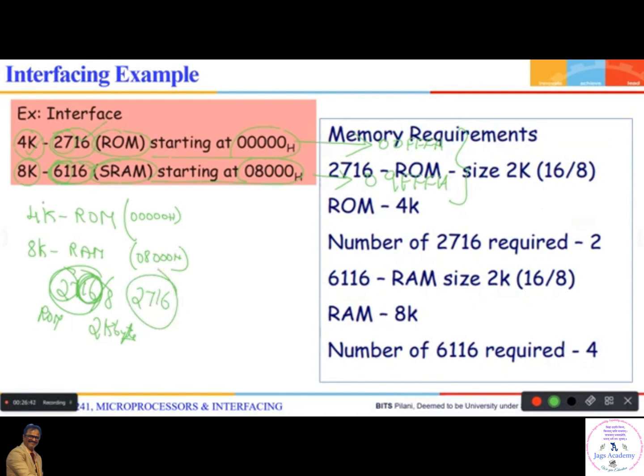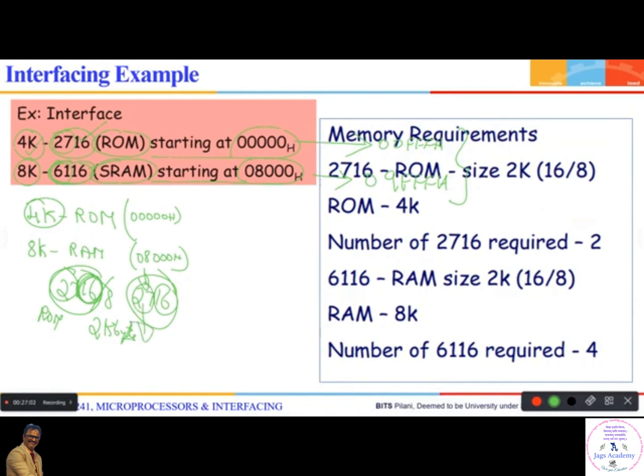You have to interface 4K memory, that is the specification, but the memory chip given is 2716. How do you find out the size? The first two numbers identify whether it is ROM or RAM.